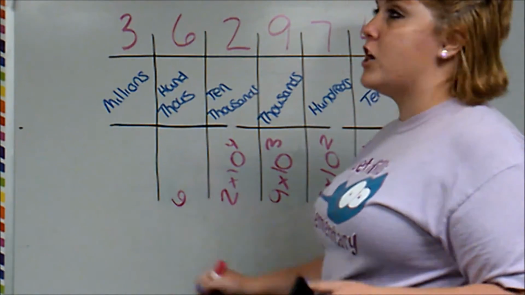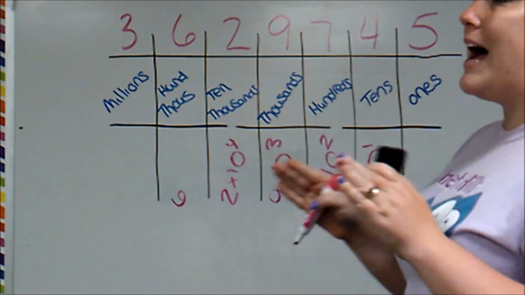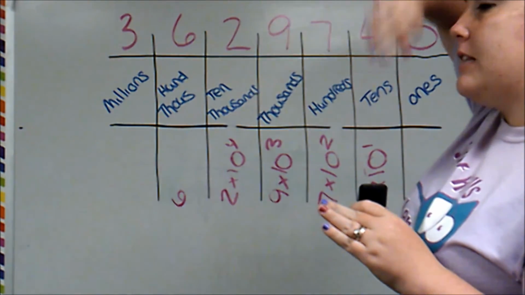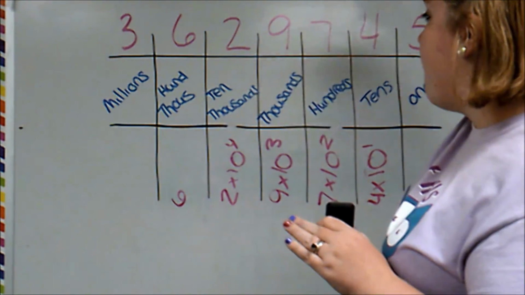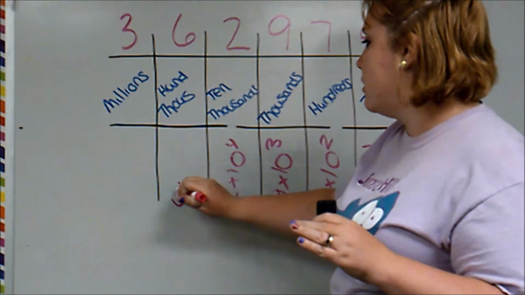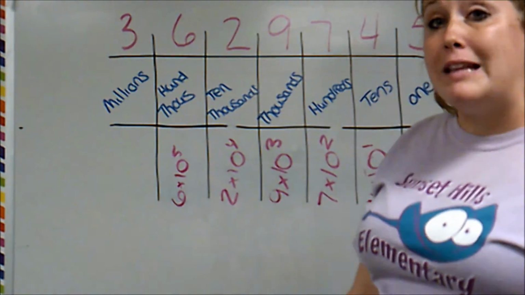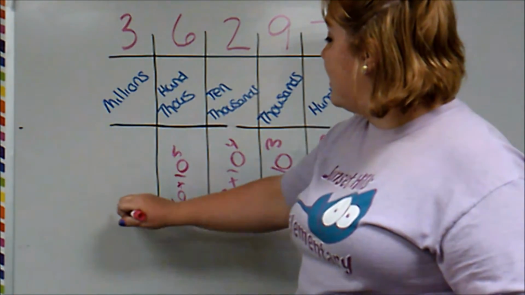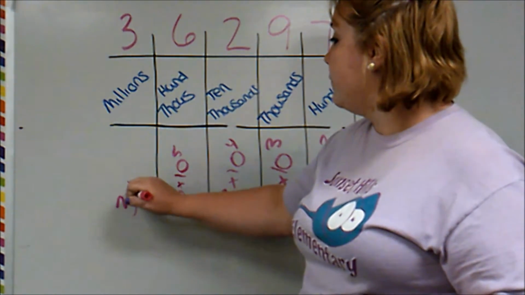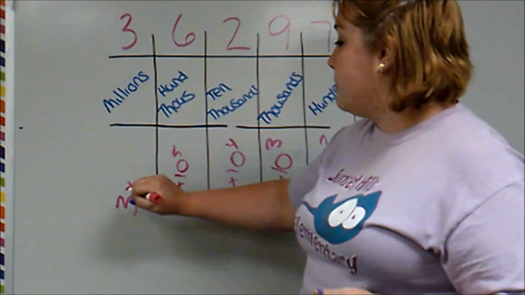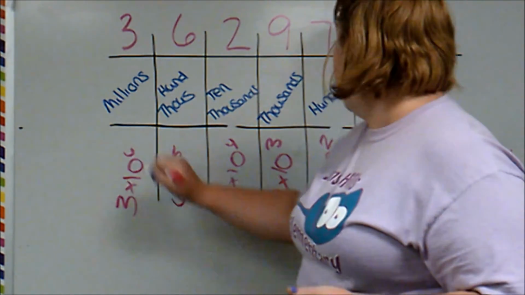Now if you think of what the hundred thousands place is, behind the hundred thousands place there are 5 extra digits. So that's what we're going to raise it to. And finally my 3 is in my millions place, my 7th place value. I'm sorry, my 6th place value, so I raise it to my 6th power.